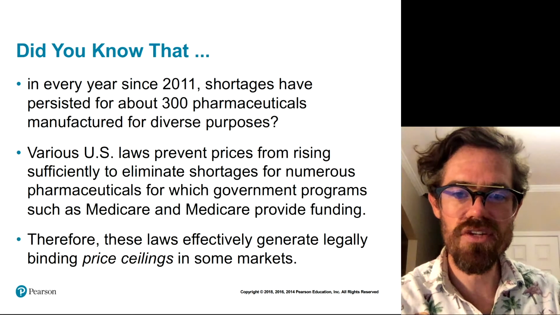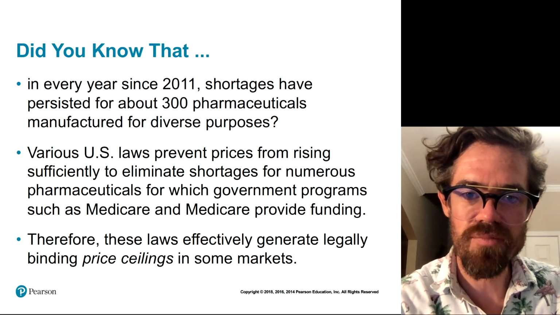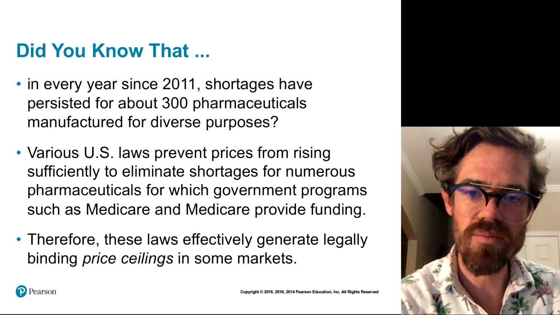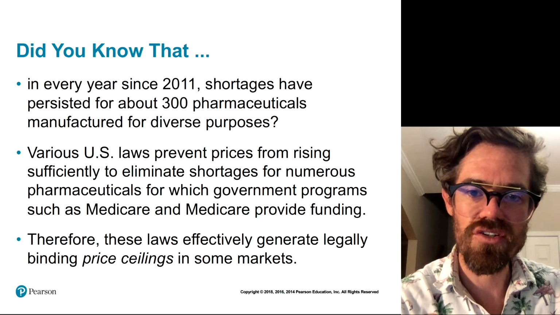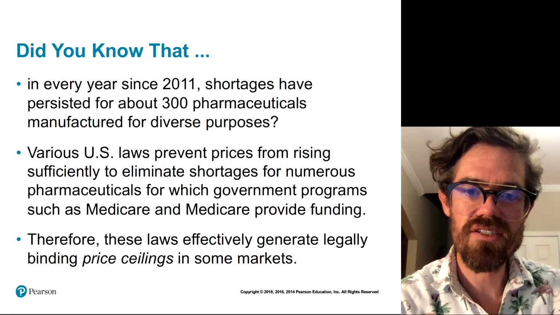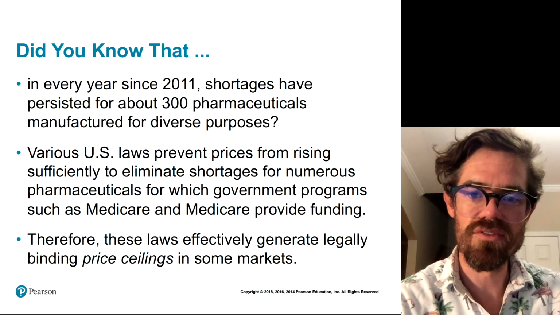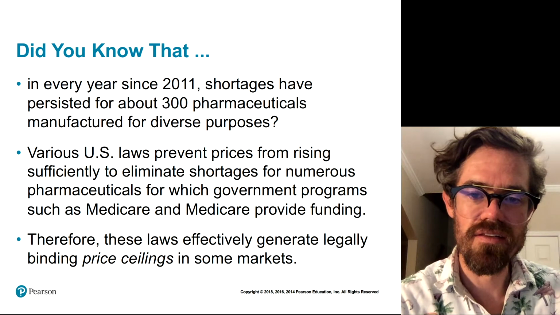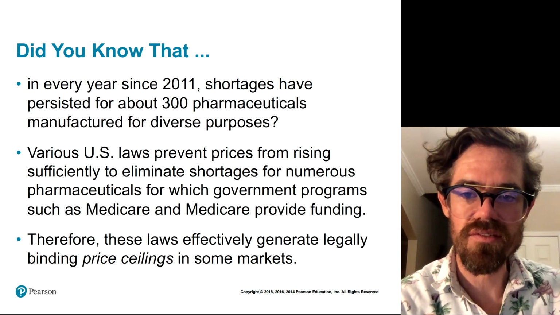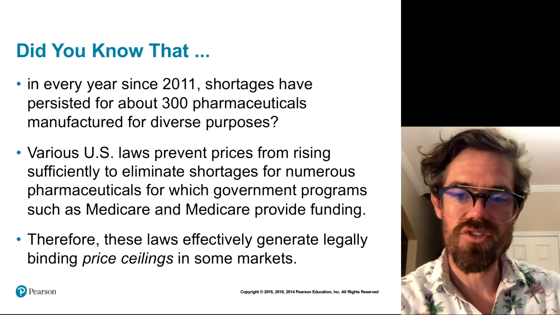All right, so did you know that every year since 2011, there have been shortages that have persisted for about 300 pharmaceuticals manufactured for diverse purposes? There have been various laws preventing prices from rising sufficiently to eliminate those shortages, which usually involves government programs like Medicare and Medicaid, where these restrictions take place.